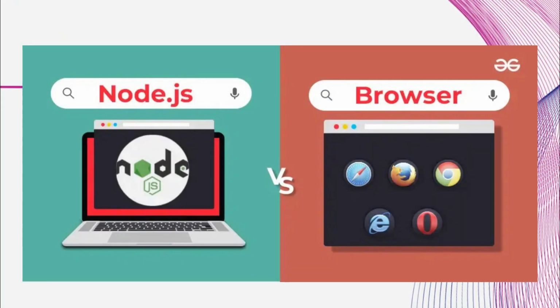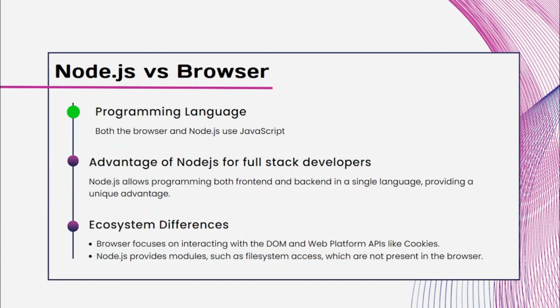Now let's move on to the comparison between Node.js and the browser. With the programming language, we know both of them use JavaScript, right? Now let's move on to the advantages when it comes to front-end developers and full-stack developers. Full-stack developers have some slight advantage because Node.js allows them to build both their front-end and back-end application with Node.js.